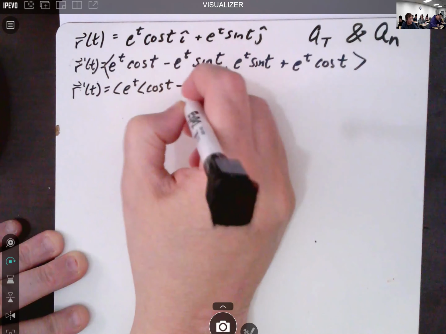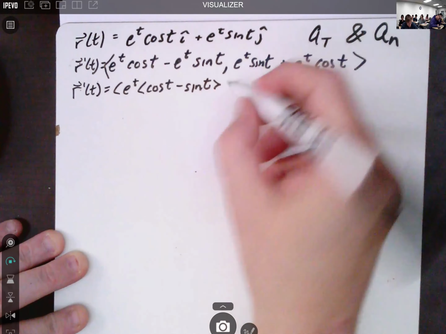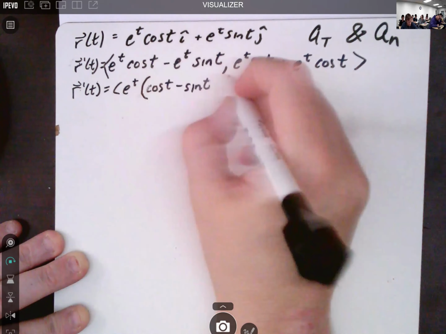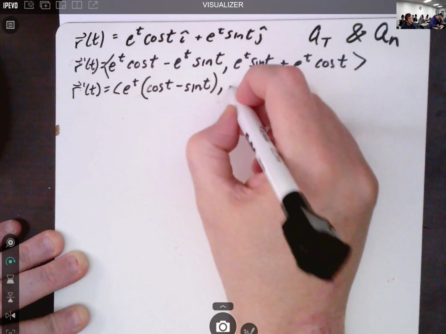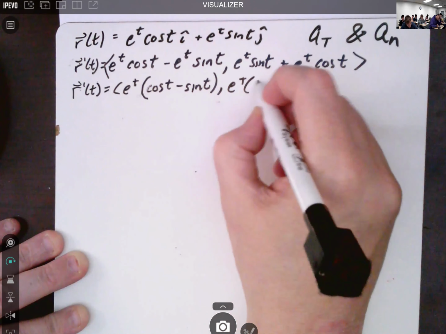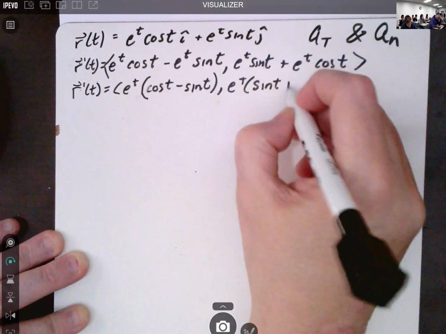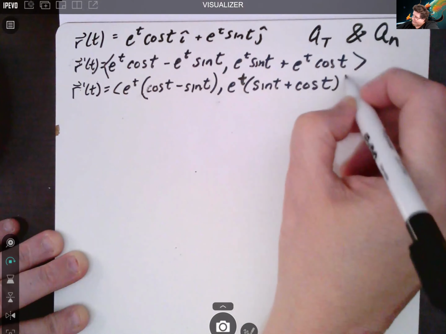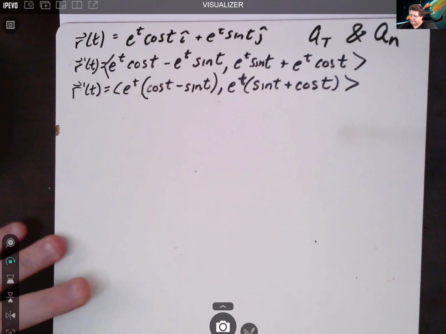Write that one down. So pretty much, I think that might make finding the second derivative a little bit easier if I do some grouping.